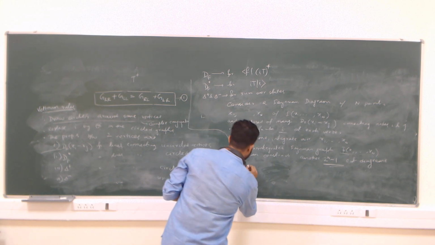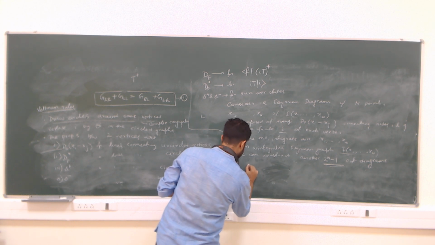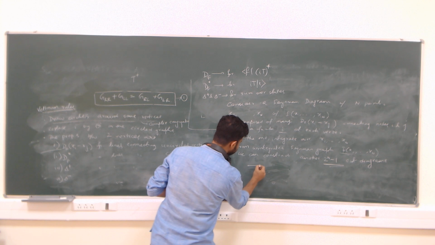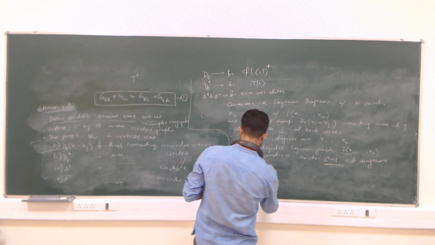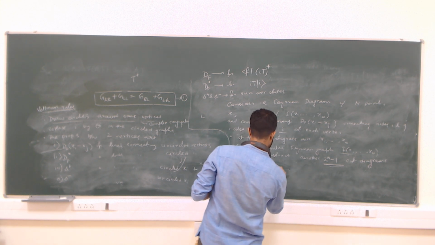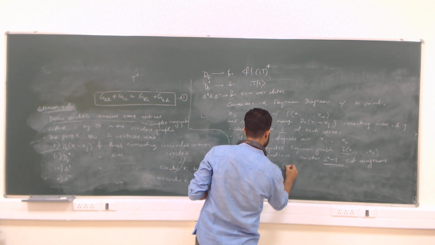Whenever these vertices are not circled, this kind of propagator goes from xi to xj.